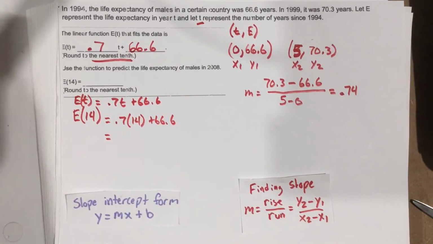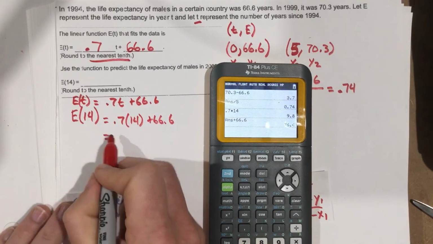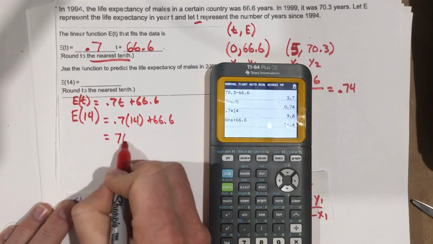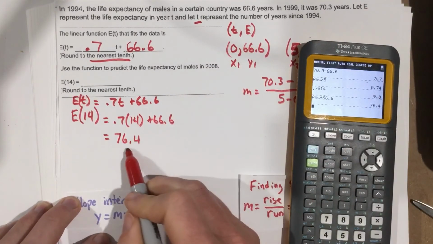So we'll bring back out the calculator and we'll say 0.7 times 14 plus 66.6. So life expectancy in 2008 is 76.4.